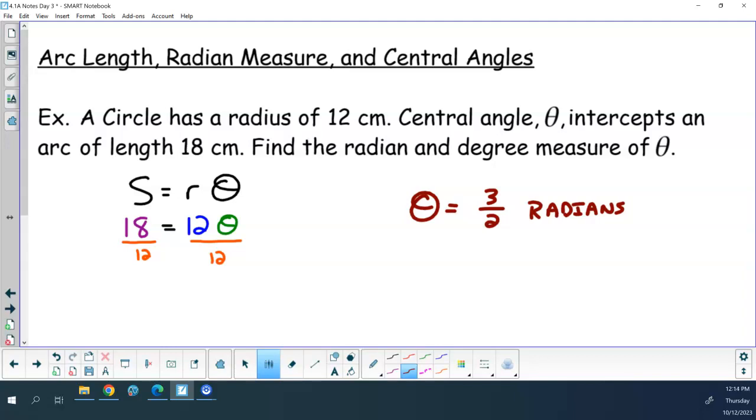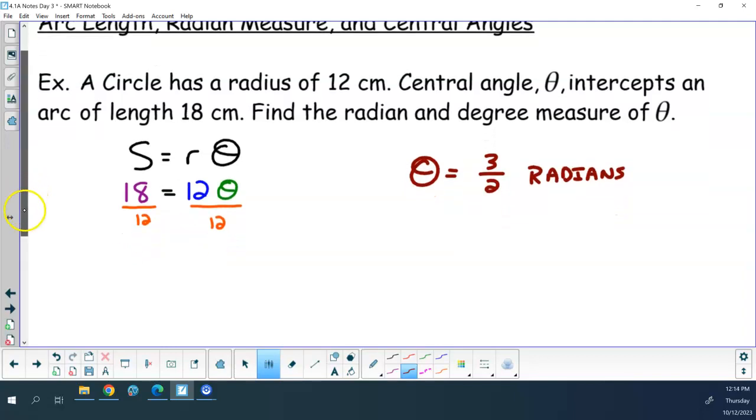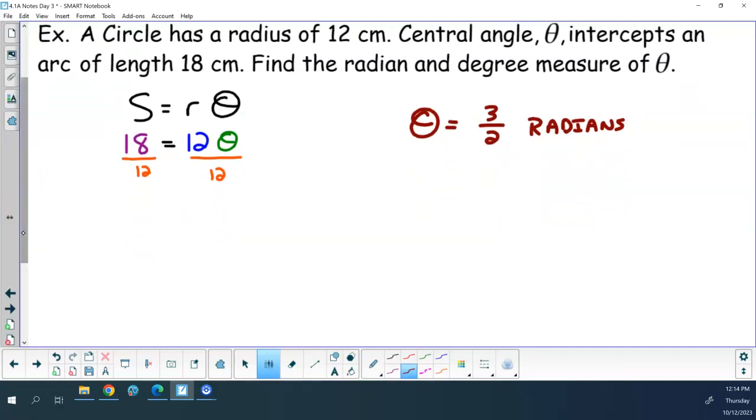Then it asked us to convert that into a degree measure also. So I need to take 3/2 there, and I need to multiply it by, to go into degrees, 180 degrees over pi, which is going to give me 270 over pi degrees, if I wanted it to be exact.